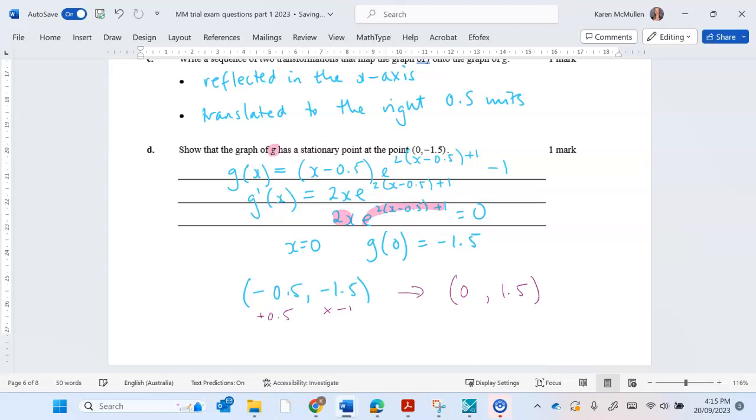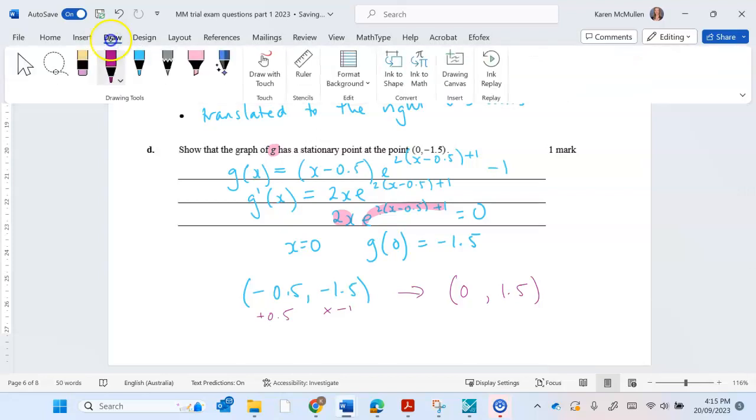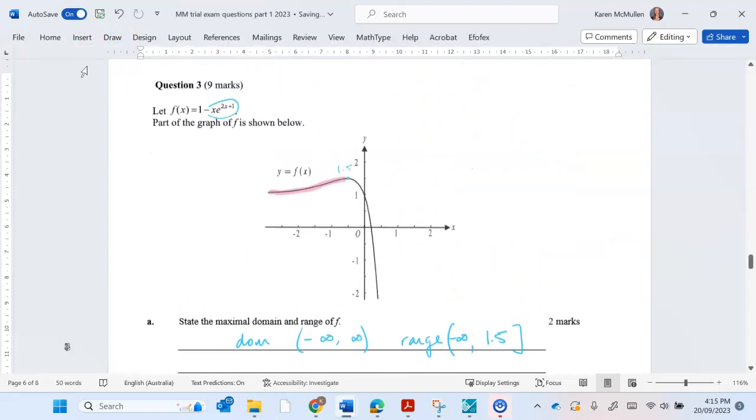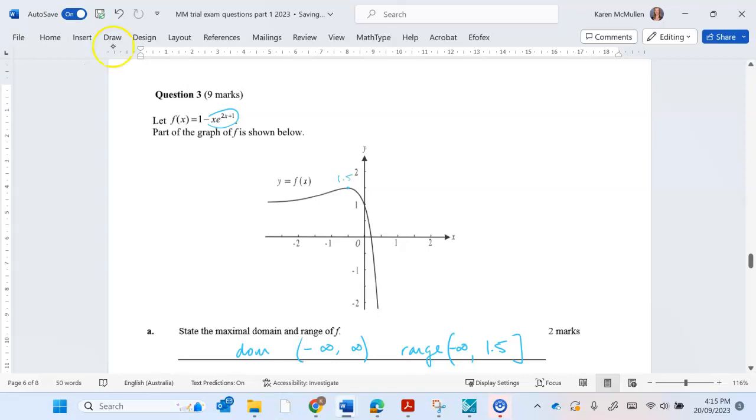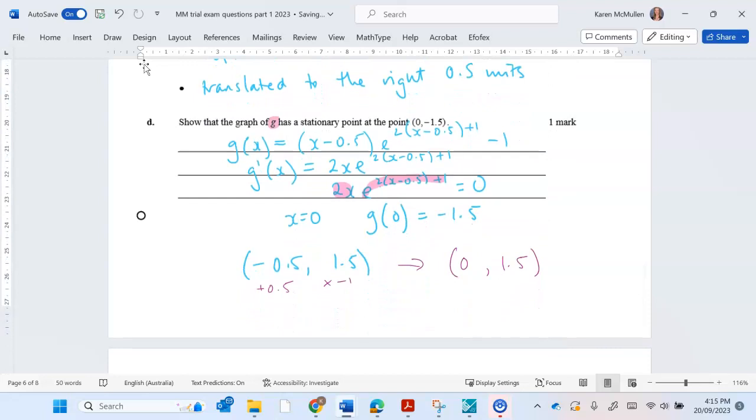Oh, and I got a negative. How did I get that? Oh, because it is positive. Sorry, it should be a positive. I wrote the wrong coordinate. So just down here, it is a positive 1.5, and I wrote negative. So you could use mapping, worth 1 mark.